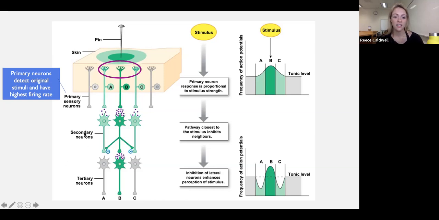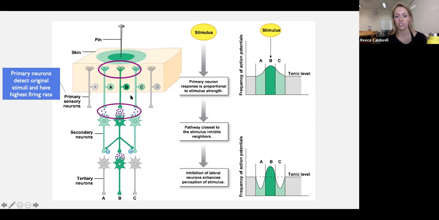But what we see is that the secondary neurons have this important job of inhibiting those neighboring neurons from causing further release of neurotransmitters and the further production of action potentials to the brain. So our primary sensory neurons will release those neurotransmitters to the secondary neurons.